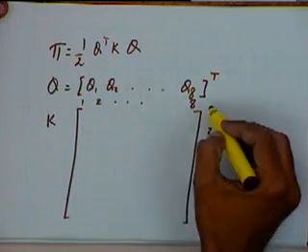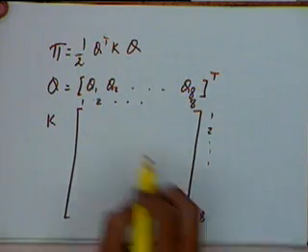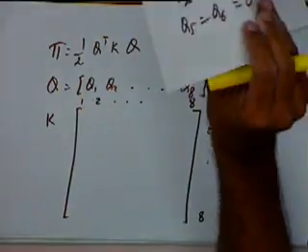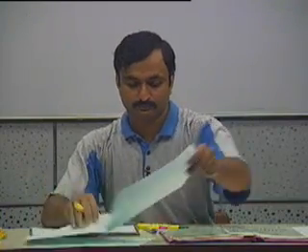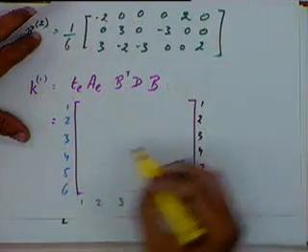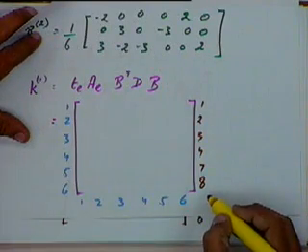In this 8 by 8 matrix, the first element will occupy these locations 1, 2, 3, 4 and 7 and 8.